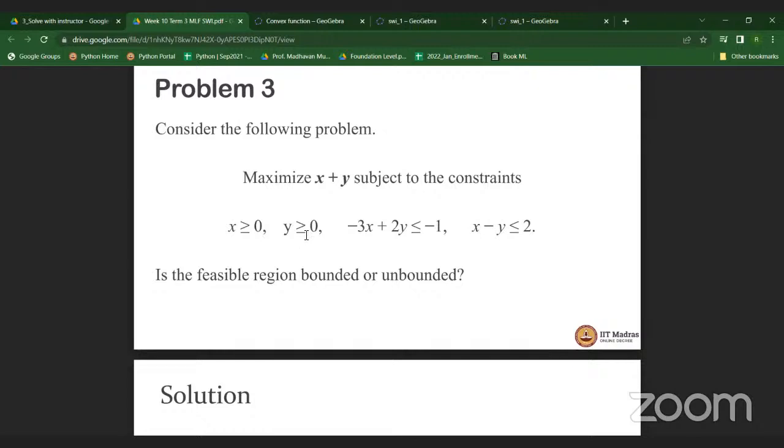You can just shade the regions, the region which satisfies all of these. That's our solution. Once we get the solution we should check whether it is bounded or unbounded.